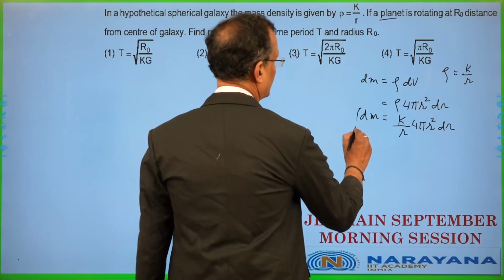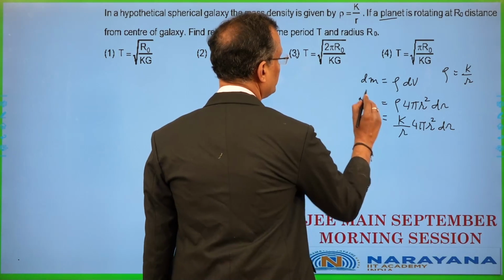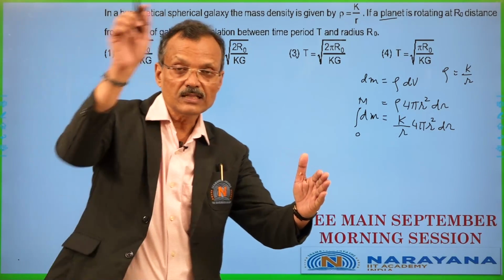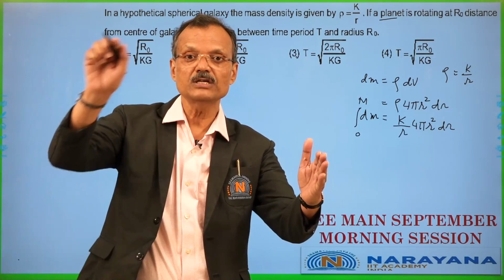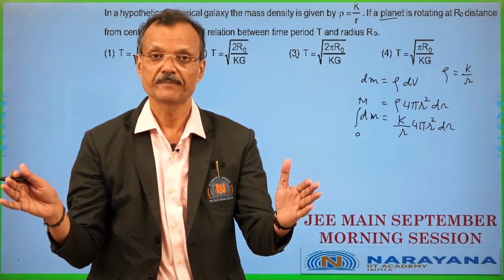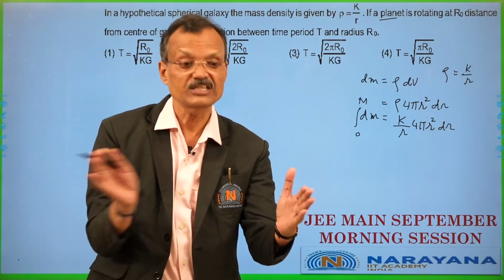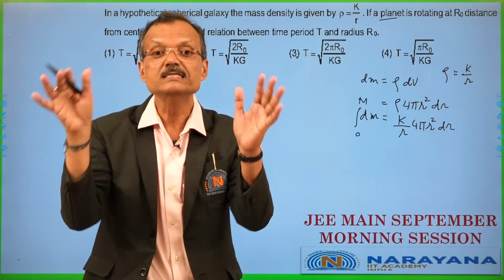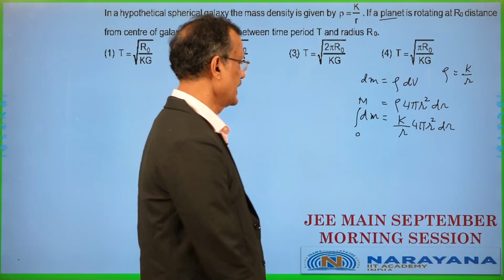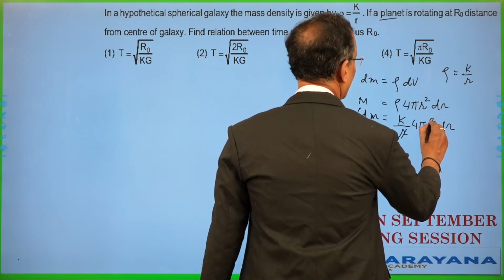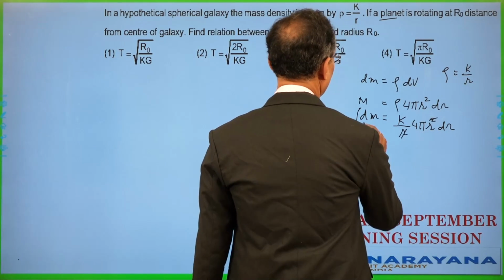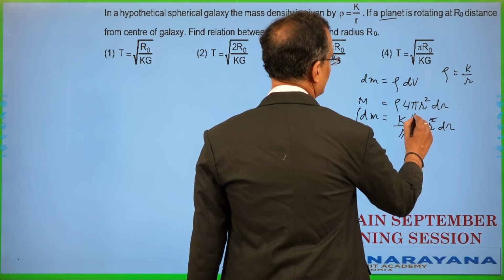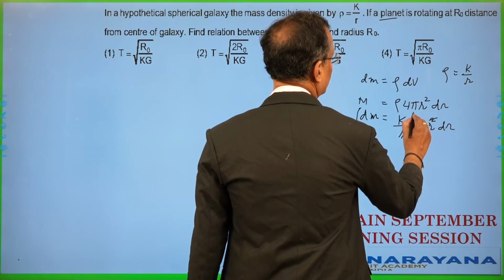So, this one I will take 0 to M till where star is. Till there, I am considering the total mass of galaxy. Okay, till the edge, from the center of galaxy till there, what is the mass of galaxy I am taking. This R, 1 R is cancelled. You are integrating it. I will integrate it from 0 to R naught.